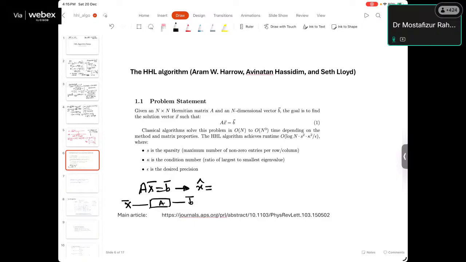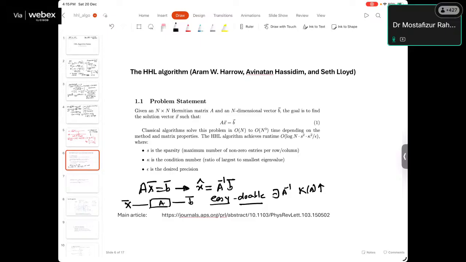So if A is a square matrix where A inverse exists, then this is a very easy problem. This is doable, right? Subject to there existing some A inverse with a good condition number. The condition number of A should be good, right?